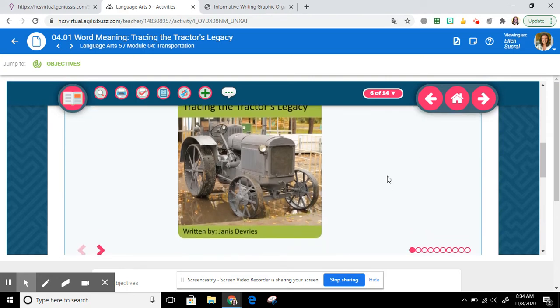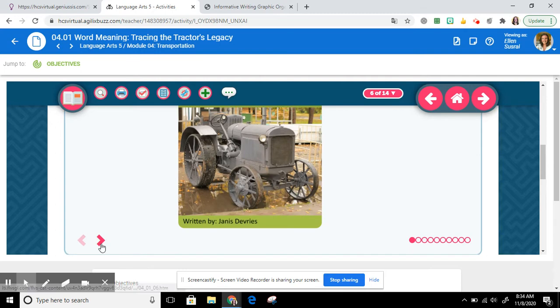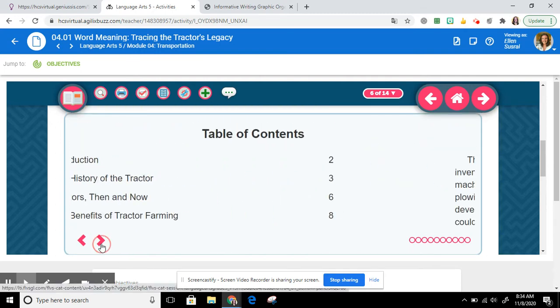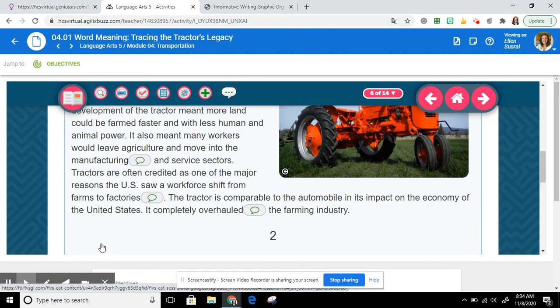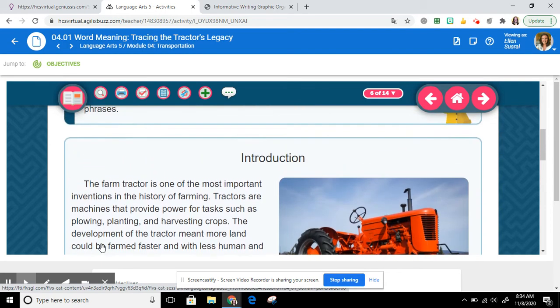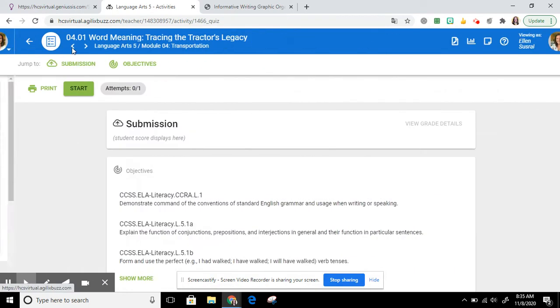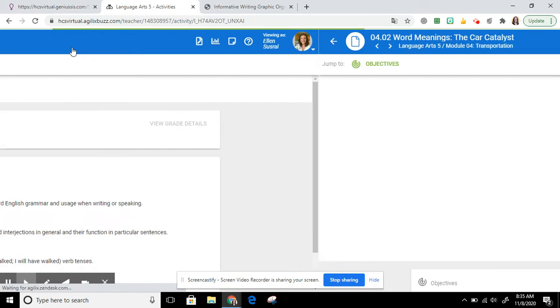Okay, and you can click through, and there are a few different sections of the story. Make sure you read all the different sections. Okay. All right, so that's where you find Tracing the Tractor's Legacy. Now I'm going to go back to 0402 using my Next Activity button.